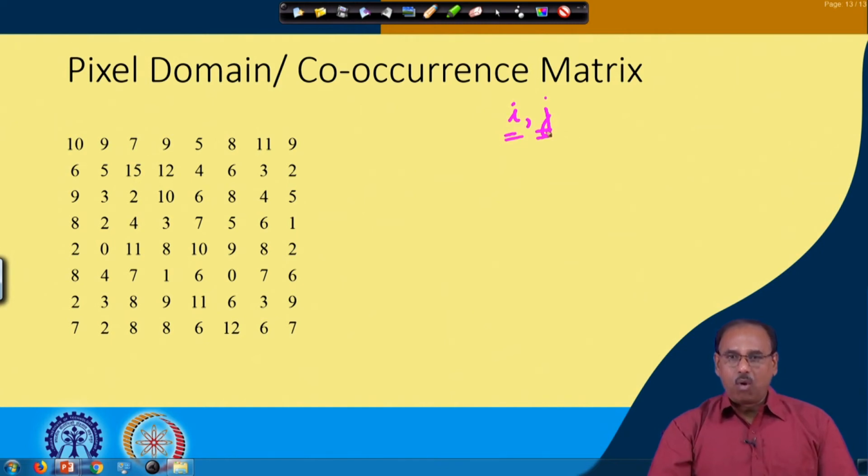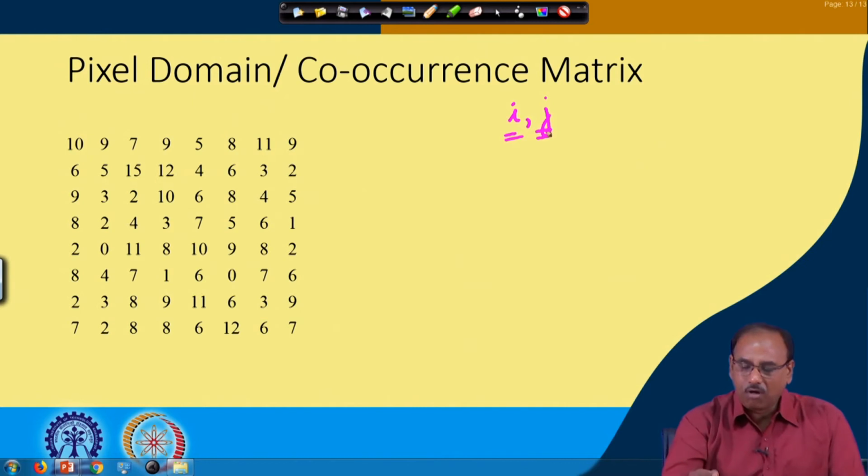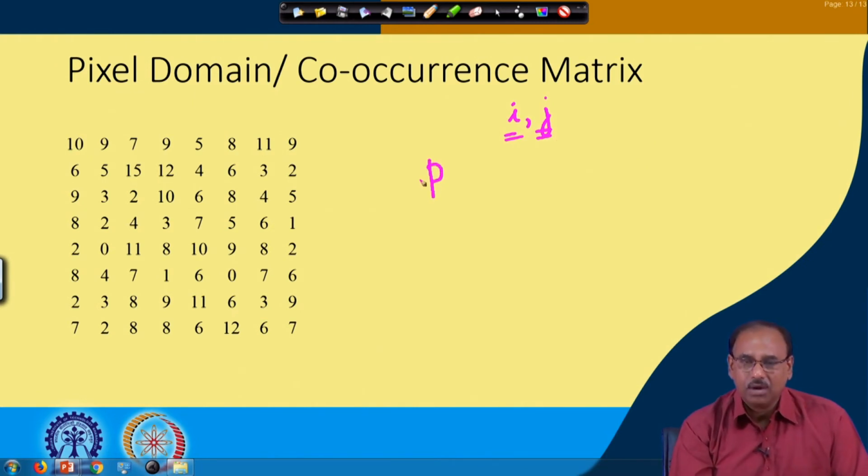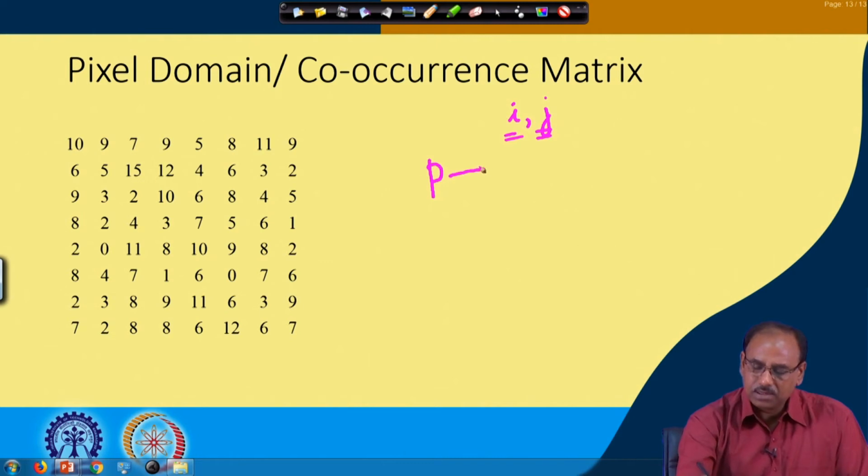So, when I say co-occur, that is two intensity values i and j, the pixels having intensity values i and j also have to follow a certain geometric or locational constraint. So, I put this location information in the form of a vector, say p, or a parameter p, where this p will consist of two components, one is L and the other one is theta.